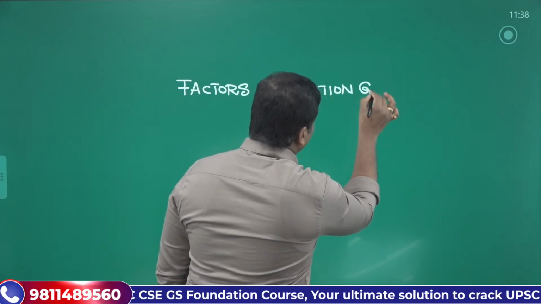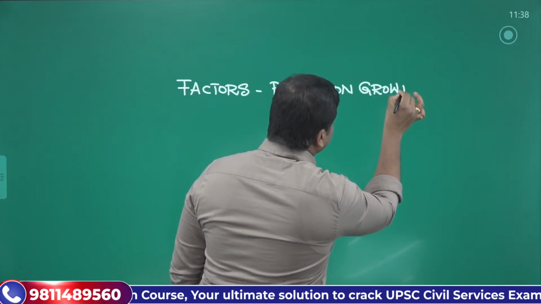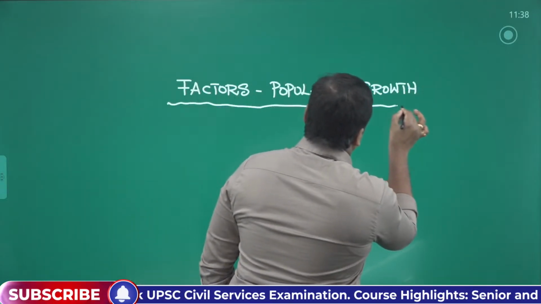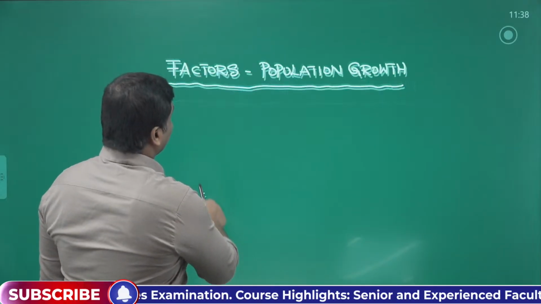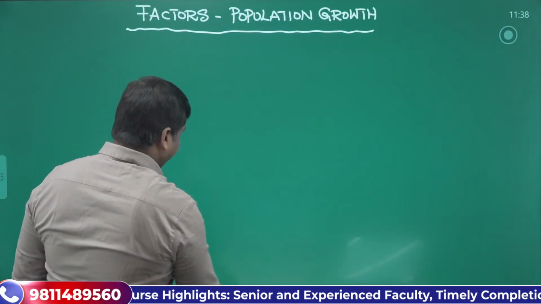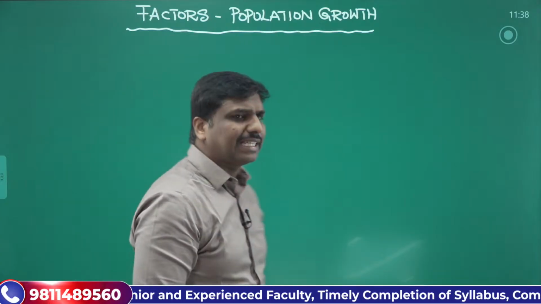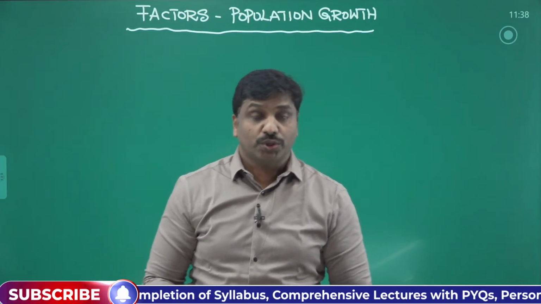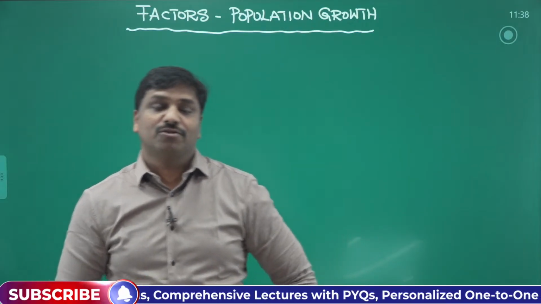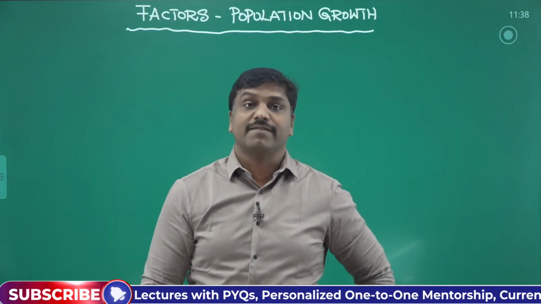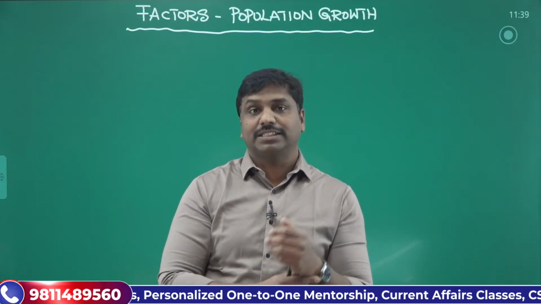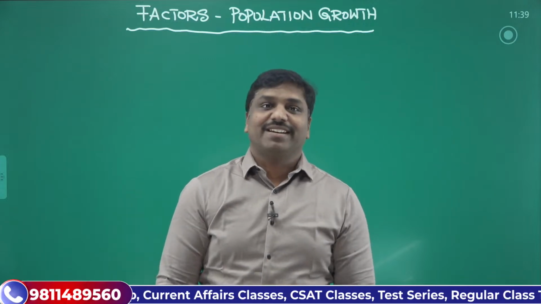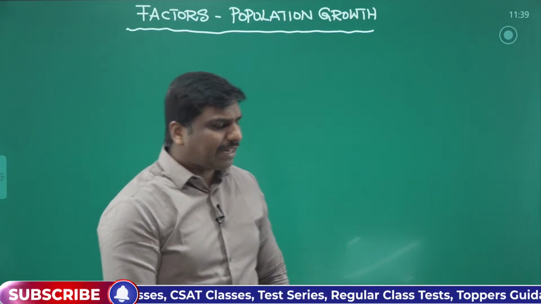All the factors responsible for the growth of population in India could be broadly categorized into various aspects, like demographic factors, socio-economic factors, or cultural factors. Here the question is asking us to discuss them in only two categories: demographic factors and social factors.